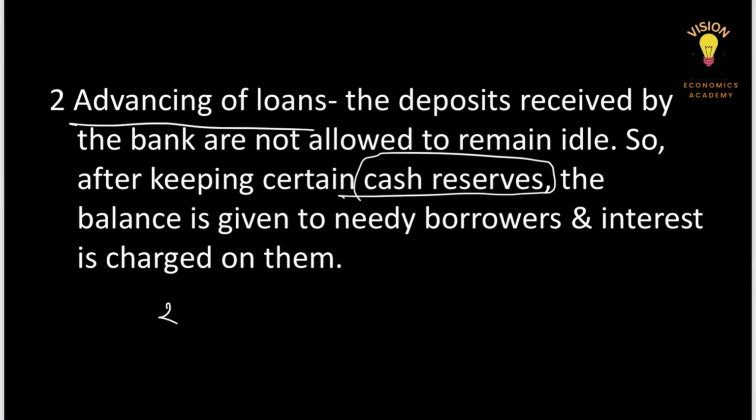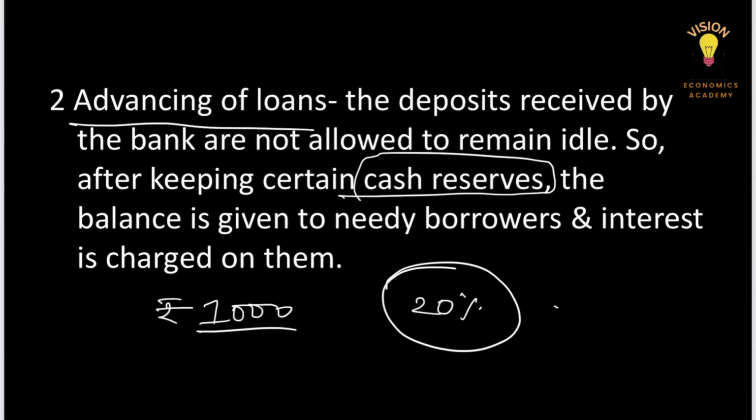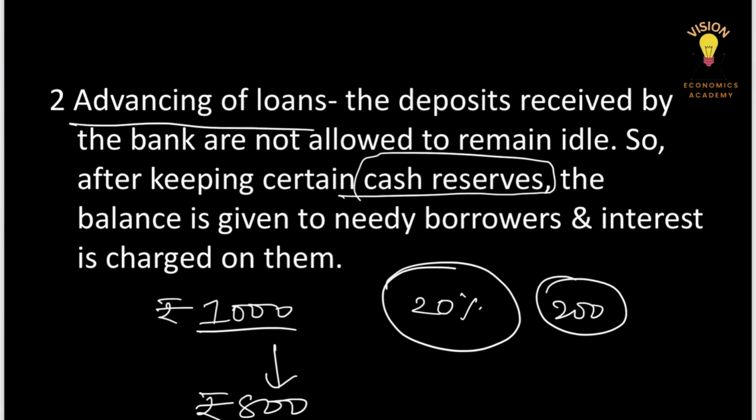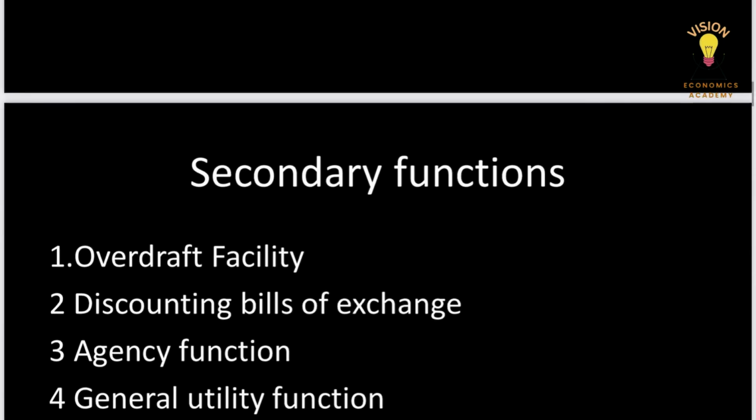However, right now, if 1,000 rupees is deposited and 20% is to be kept as reserves, that is 200 kept as reserves and the remaining 800 is given out as loan. So the bank keeps a certain amount as reserves and gives the rest as loan. These are the two basic functions.